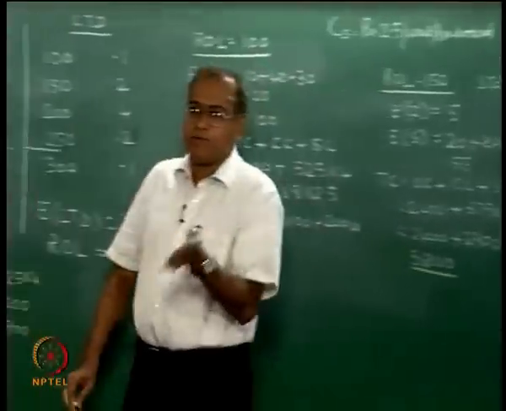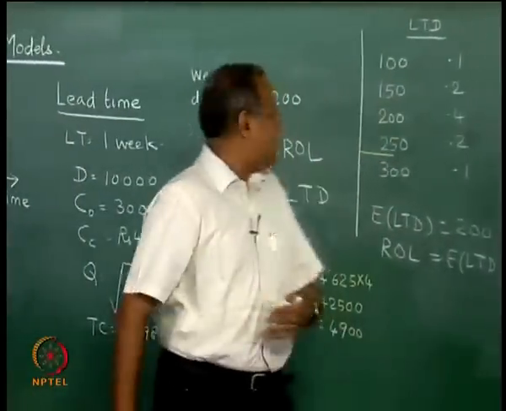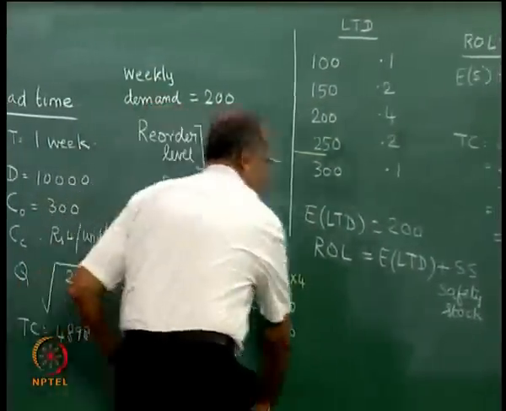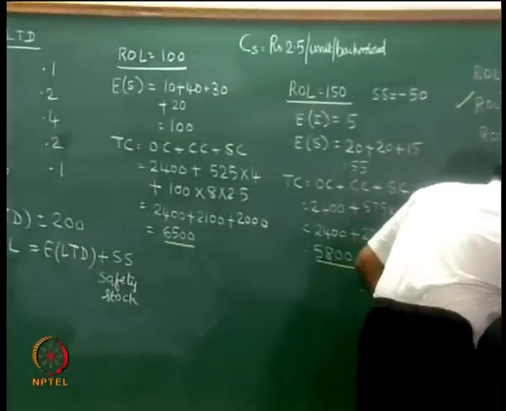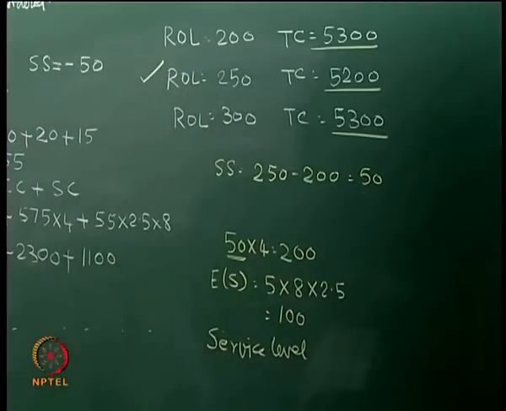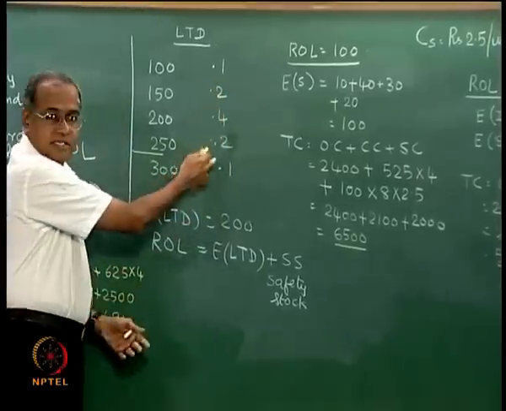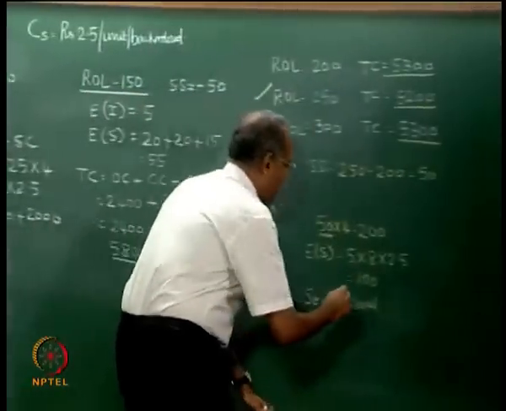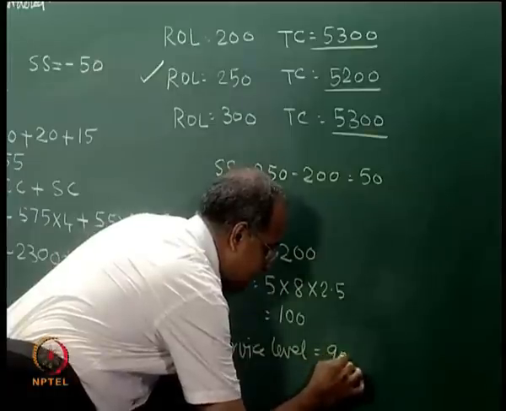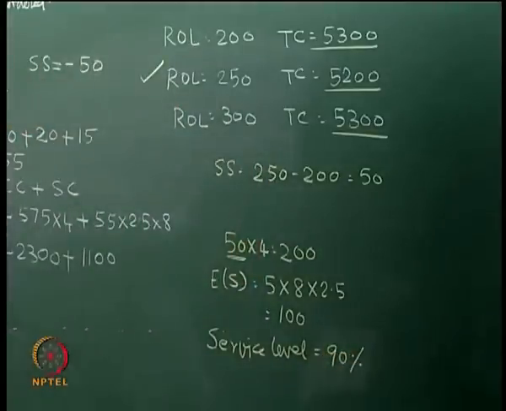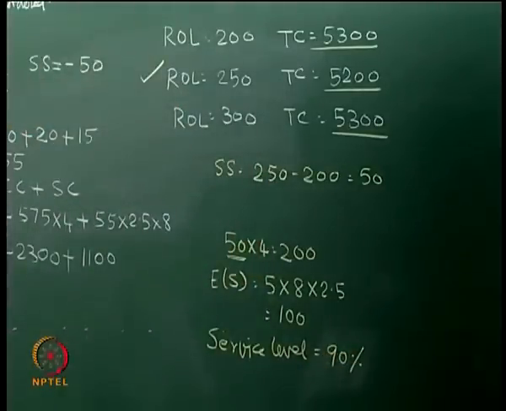It is the percentage of times we will be, 90% of the times, sorry. So this is 0.1, 0.3, 0.7, 0.9. So we are able to meet the demand in 90% of the cycles.